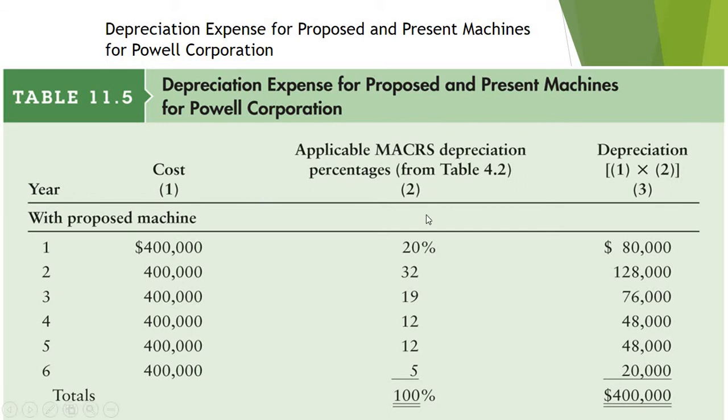If it is depreciated under MACRS's 5-year recovery period, depreciation for the first year is 20%, then 32, 19, 12, 12, and finally 5% for the 6th year. The installed cost of the proposed machine is $400,000. Based on the installed cost and depreciation, the third row indicates the depreciation of the proposed machine over the next 6 years.